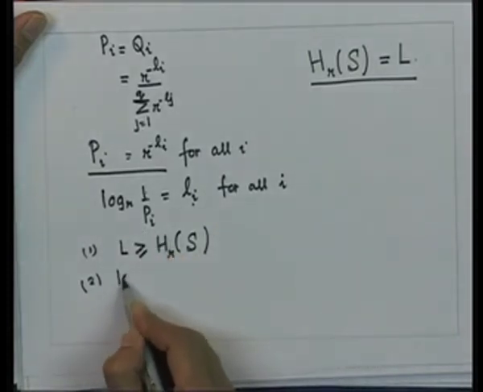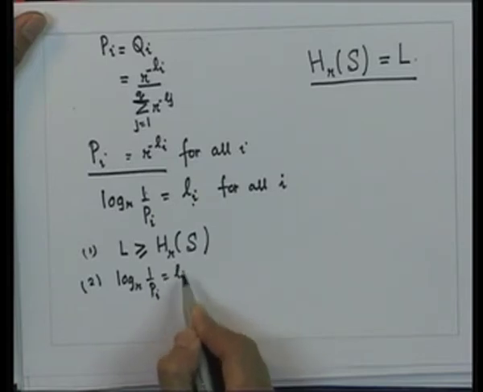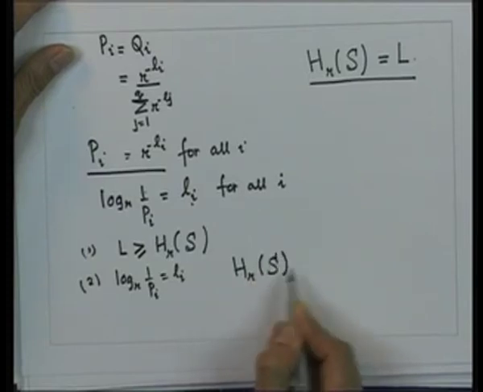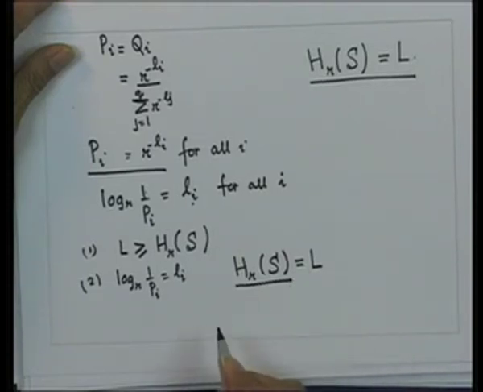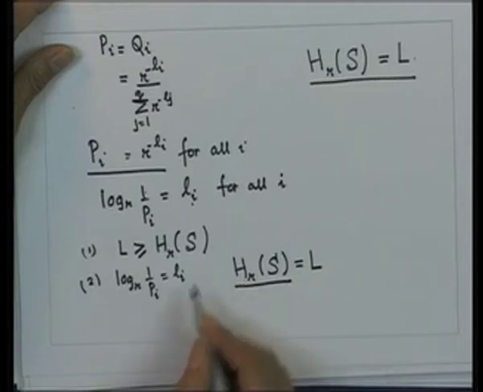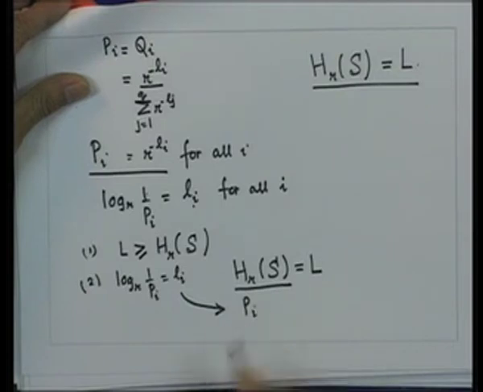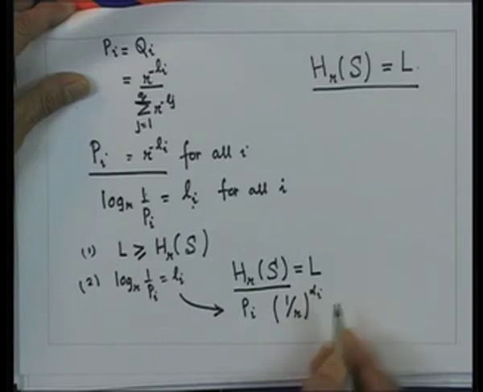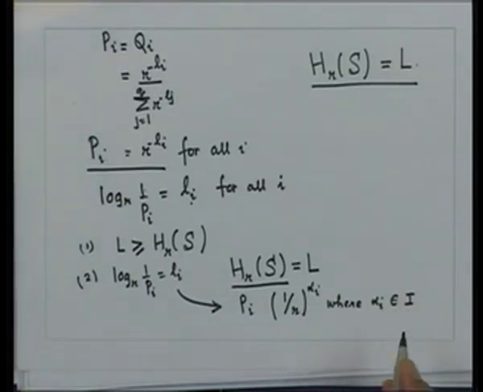So, it means that if this condition is satisfied for all i, then I will achieve the minimum length, and that minimum length is the entropy of the source measured in R-ary units. Now, this condition is equivalent to saying that Pi must be of the form 1 by R to the power alpha i, where alpha i is a positive integer.